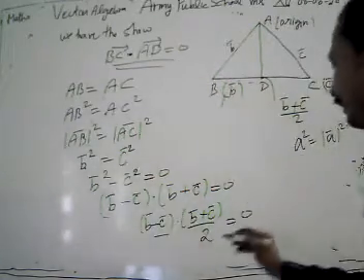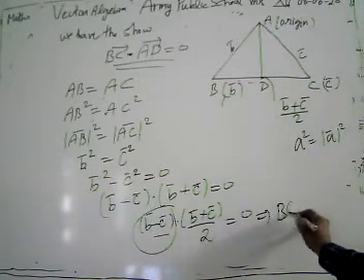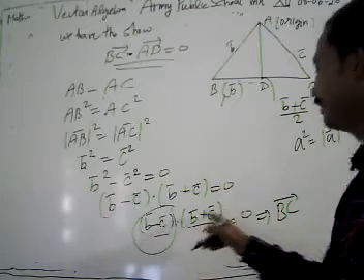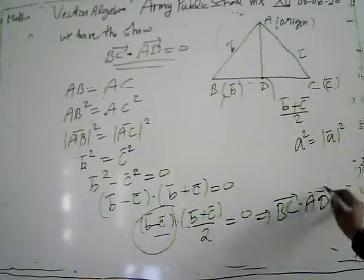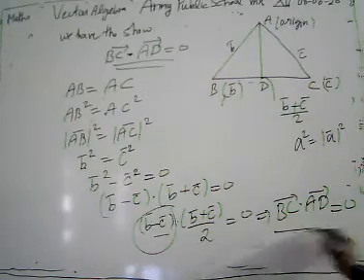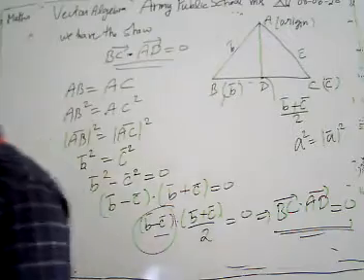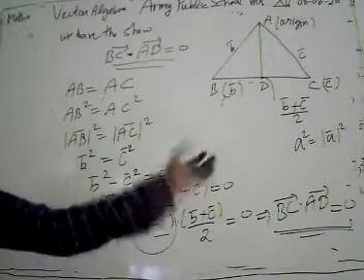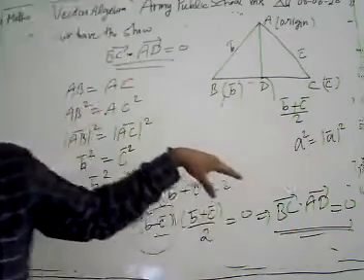This can be represented by vector BC. And b plus c by 2 is our vector AD, and it is equal to 0. This is what was required to prove: our median to the base is perpendicular to the base.